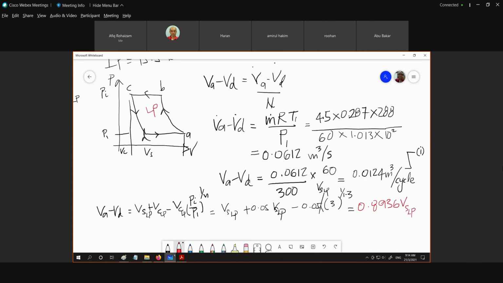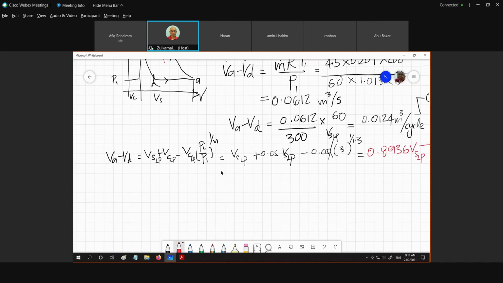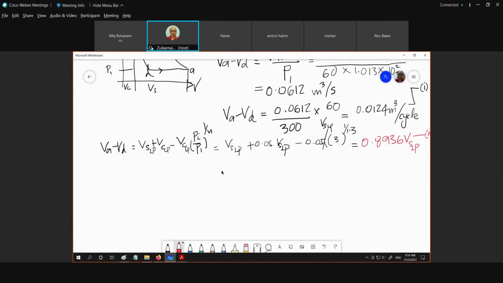Okay, so this should be our second equation. So apa kita buat sekarang? Kita equatekan 1 equal to 2. Okay, kita equatekan 1 equal to 2. Ya, sekarang kita equatekan 1 equal to 2.